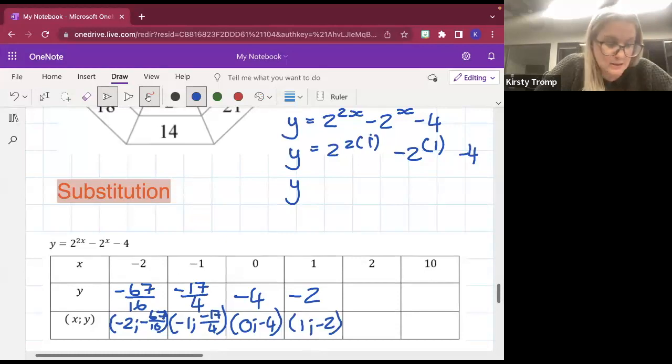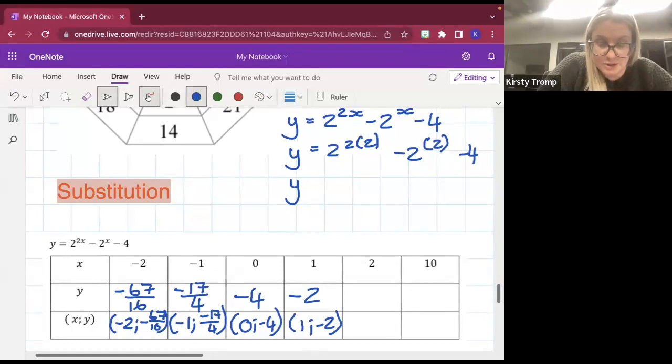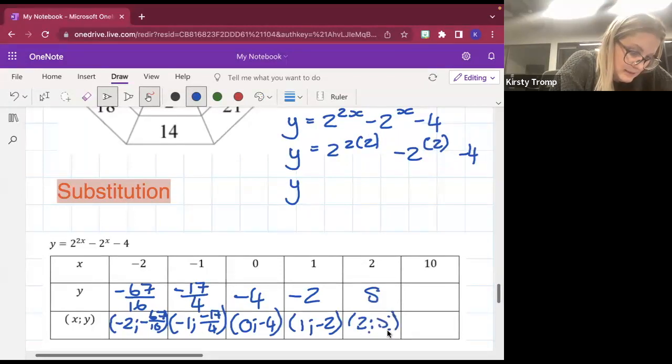Right. Go try the last 2 for me. So for those of you who are working with me, we're going to put 2 in here on your calculator. You're going to substitute that in. You're going to get 8. And so you're going to have 2 and 8.